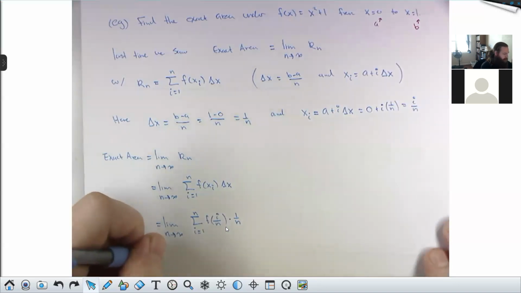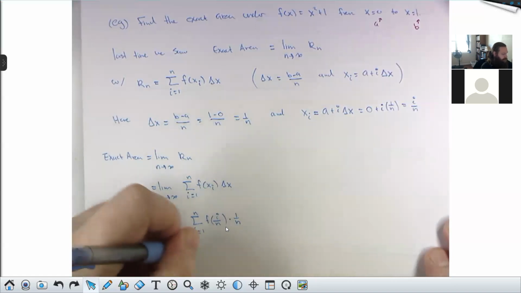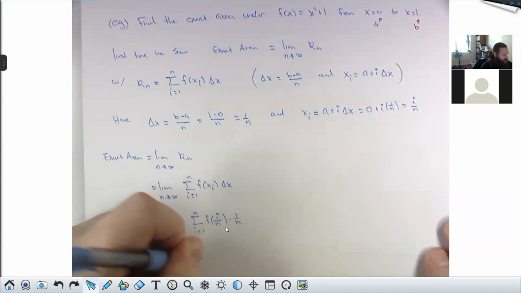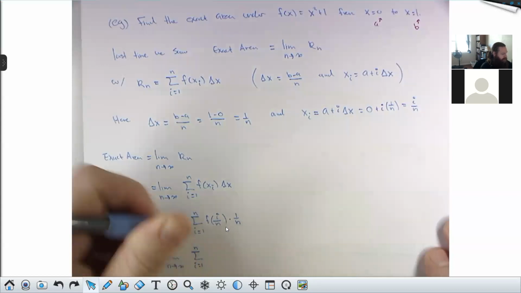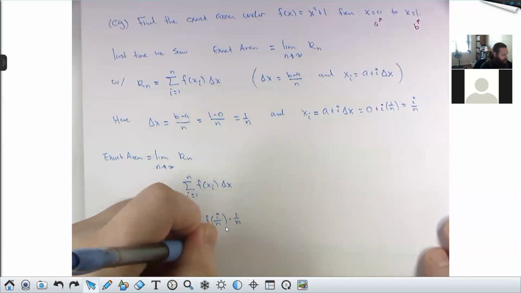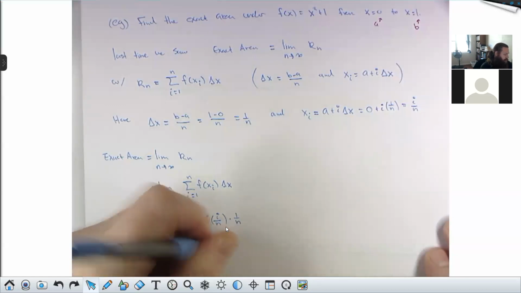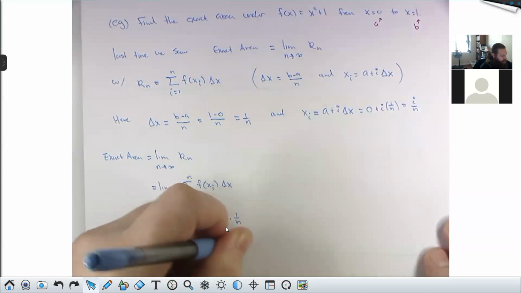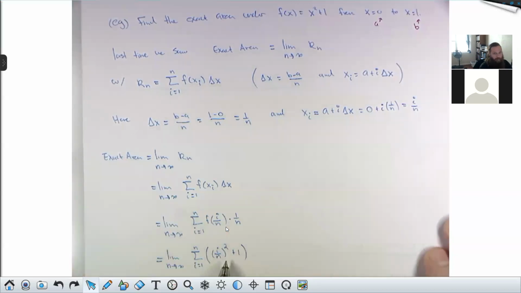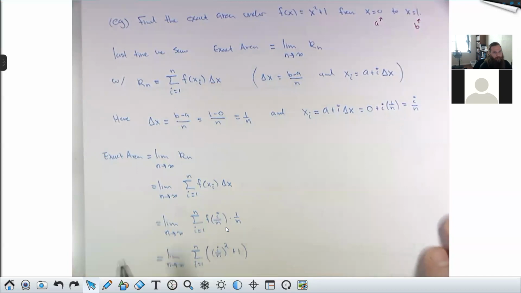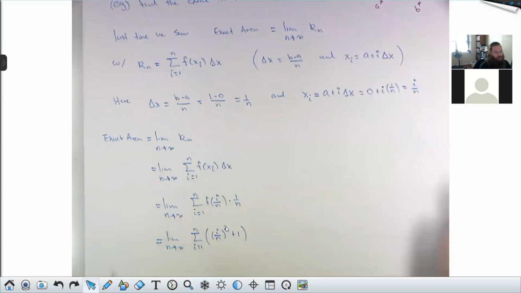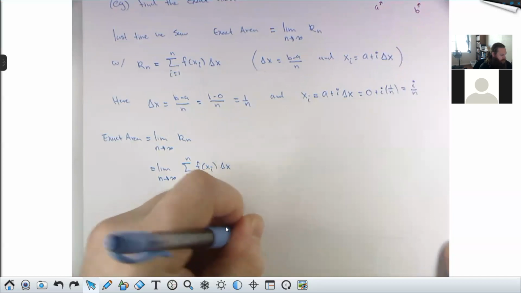Everything else stays the same. I have the limit as n goes to infinity of sigma i from 1 to n of ((i over n) squared plus 1), and I'm putting the whole thing in parentheses because it's all getting multiplied by 1 over n. That's important. Times 1 over n.